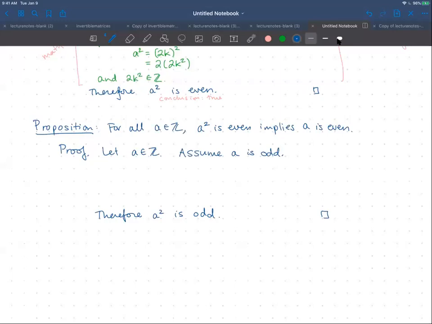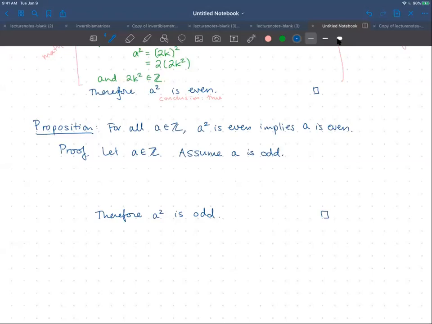All right, we've got a new proposition now, and in fact, it's the converse of the previous one. It says for all integers A, A squared is even implies A is even. So if A squared is even, then A is even. Let's look at the way the proof starts and ends, and then we'll see if we can fill in the math in between. I started by letting A be an integer. No big shock there.